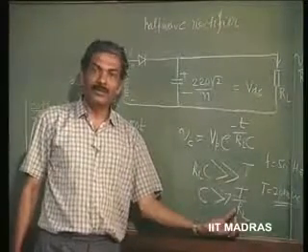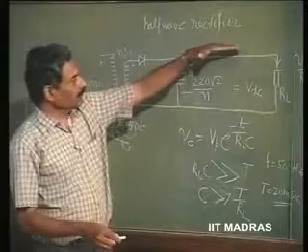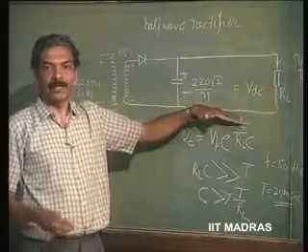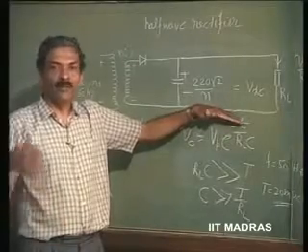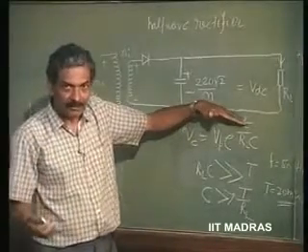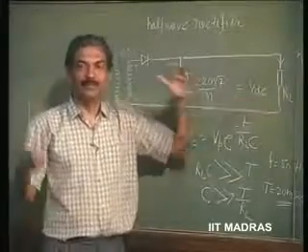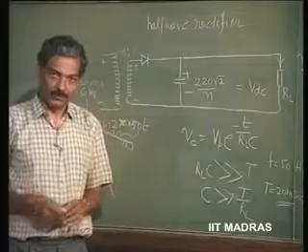How do we know? Let us say we have to design a 12 volt supply which is capable of delivering a maximum current of 1 milliampere. Then the load is equivalent to 12 volts divided by 1 milliampere, which is equal to 12 kilo ohms.